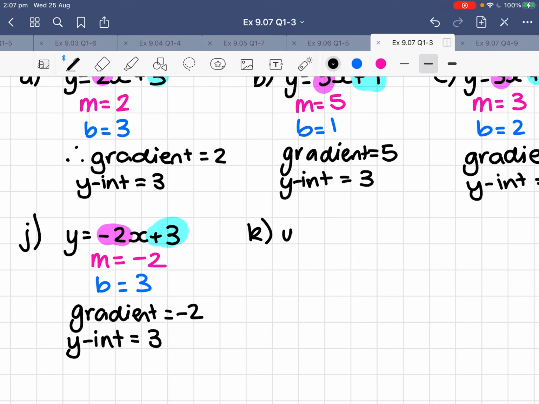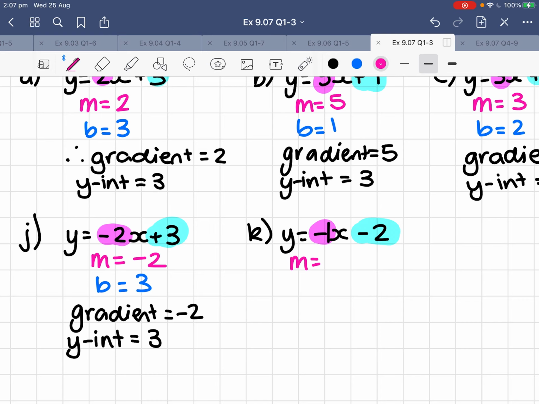If we have a look at k, we have y equals minus x minus 2. So our gradient is the minus, and there is an imaginary 1 in here, so it's minus 1, and our y-intercept is the minus 2.